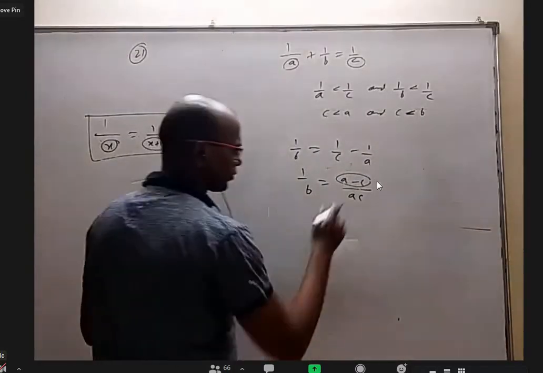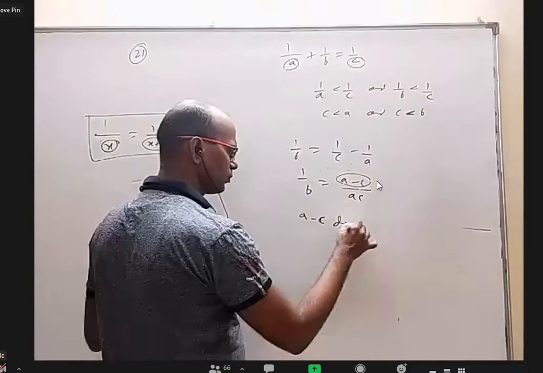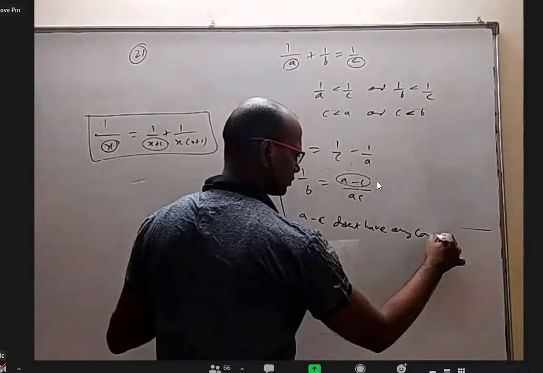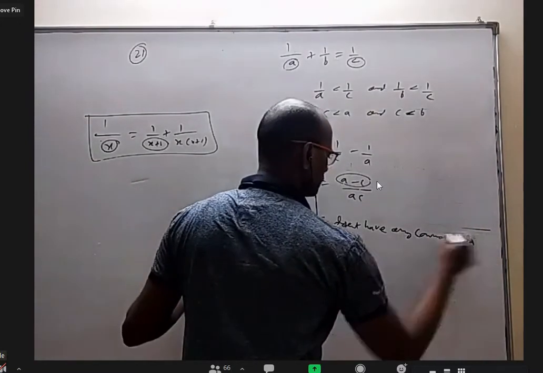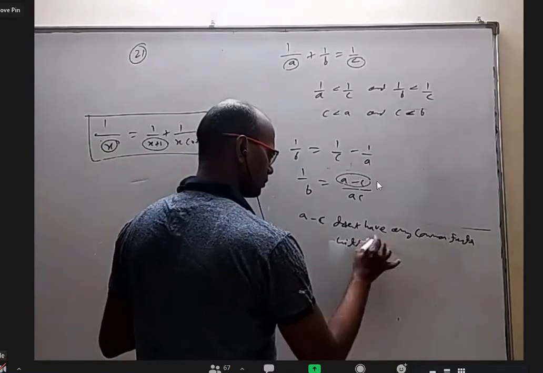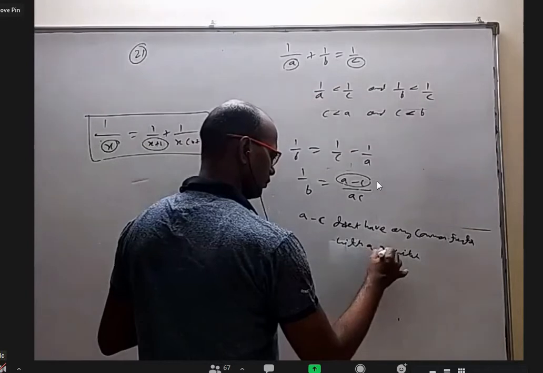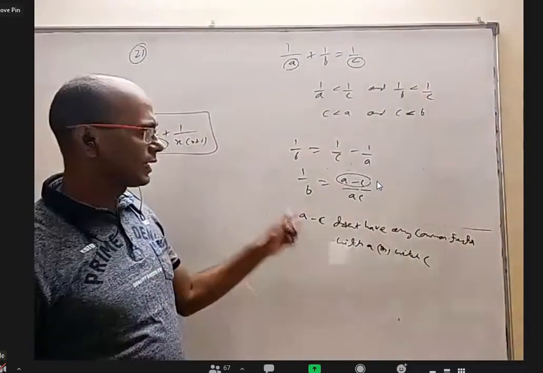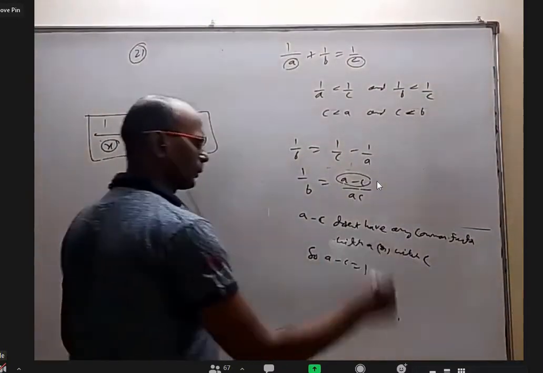But anyway, what I'm saying is A minus C doesn't have any common factor with A or with C. Because if they have a common factor, then A and C will have a common factor. Okay, so A minus C must be 1.